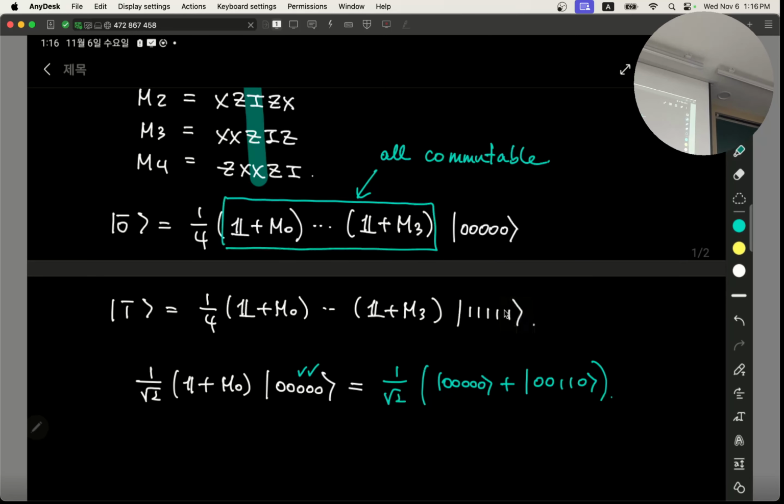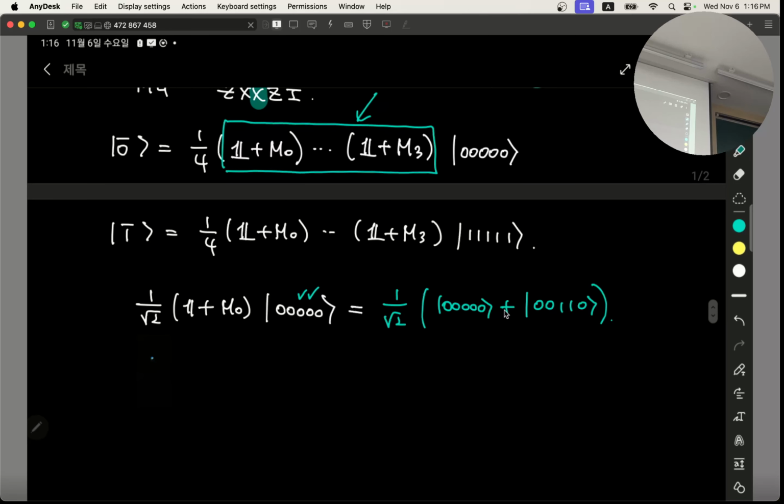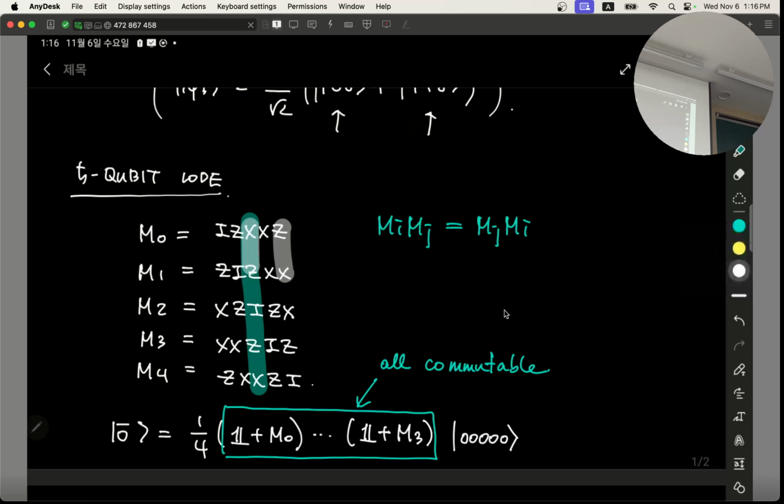Okay, so let's try to do it together. What will happen when I do this? First, I get this one, and then if I apply 1/2 times 1 plus M1 onto it, let's see what happens. Let's look at the M1 here. M1 has two Z's.